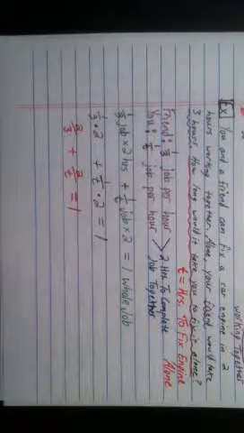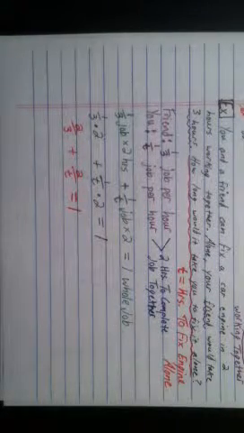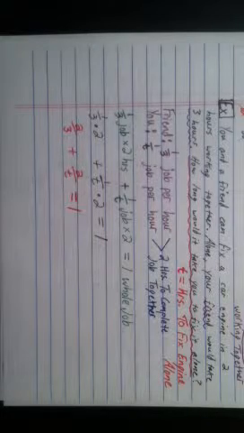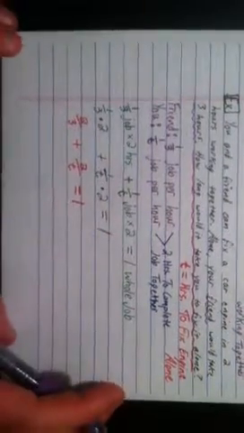Now here we could try to combine these fractions and then do what we did on the problem above, multiplying by the reciprocal. But since we have an equation set up like this with 2 separate fractions, it might be easier just to multiply by the LCD on both sides. Remember, we can multiply by the LCD, the lowest common denominator, in order to cancel our denominators.